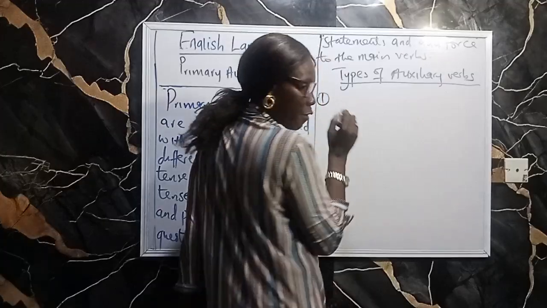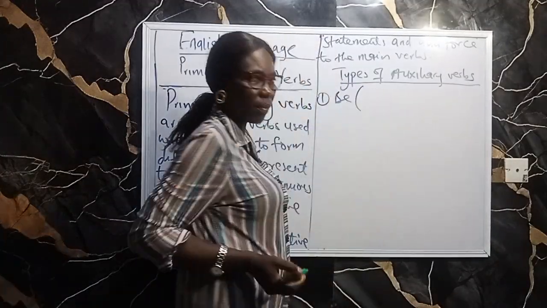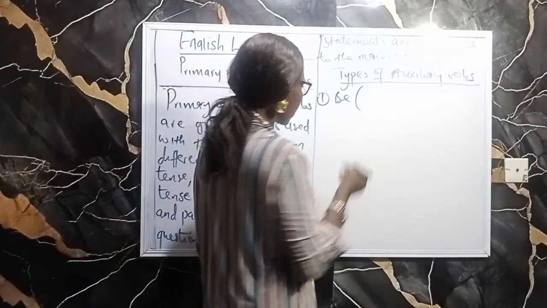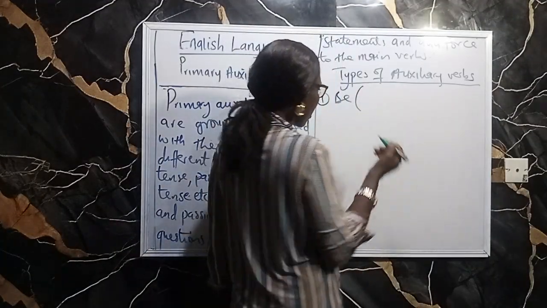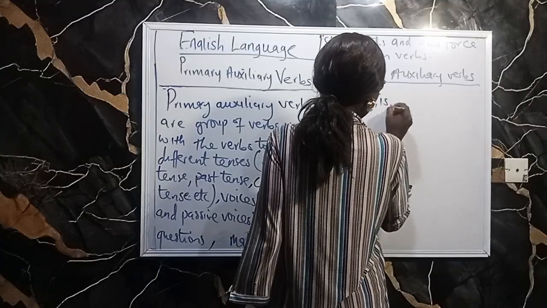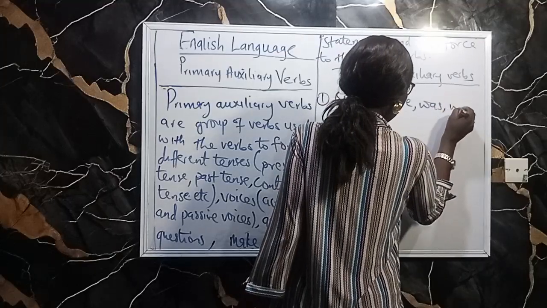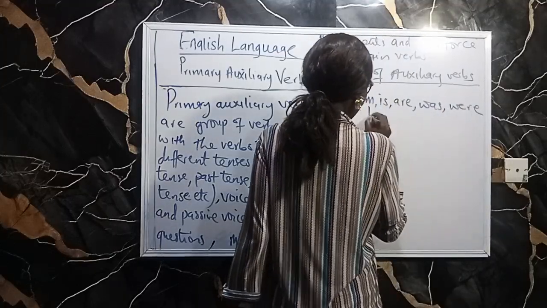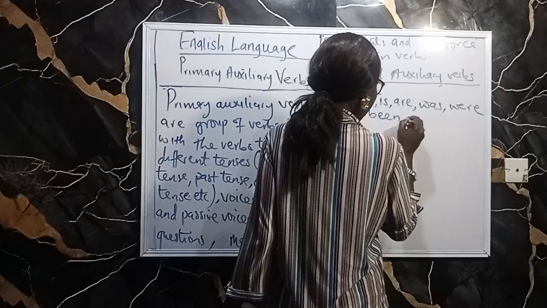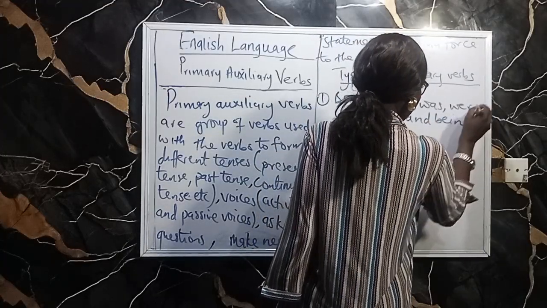Types of auxiliary verbs. 1. The verb be. Like I told you, be has different forms like am, is, are, was, were, been, and being.